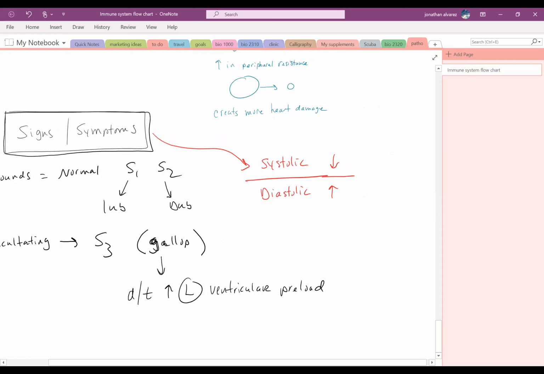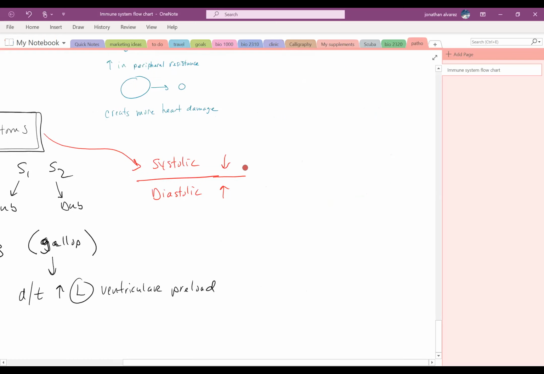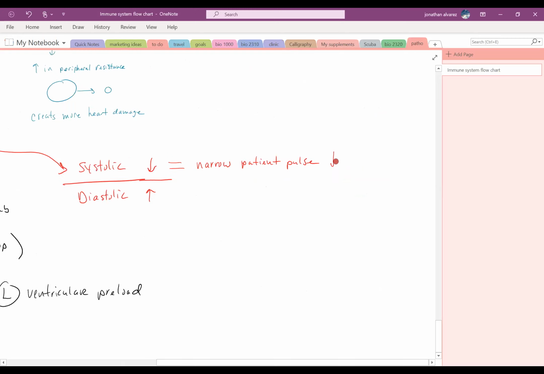And because diastolic is decreasing, this is going to narrow or diminish the patient's pulse. Like let's say you're palpating the radial artery or the carotid artery, it will be very narrow or diminished because of a decrease in pressure.